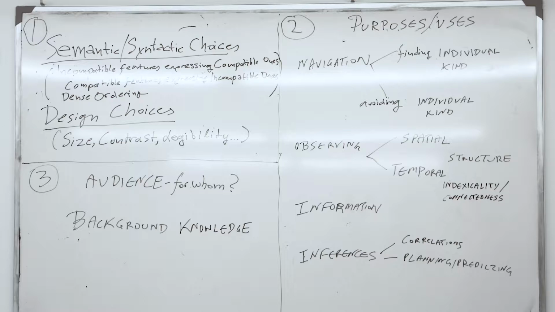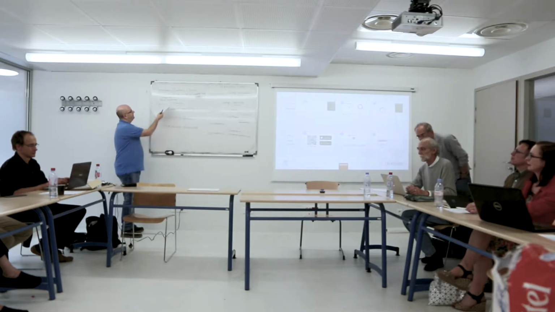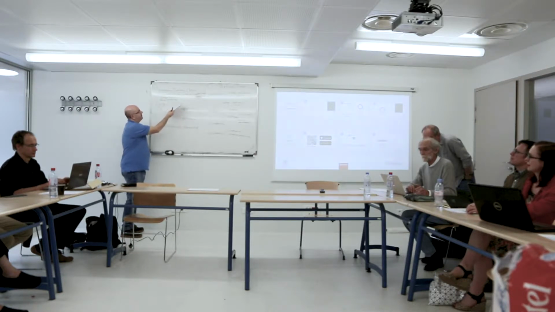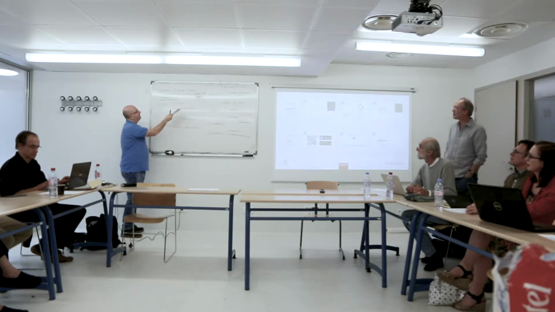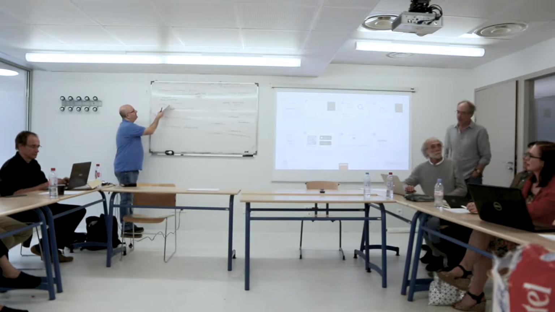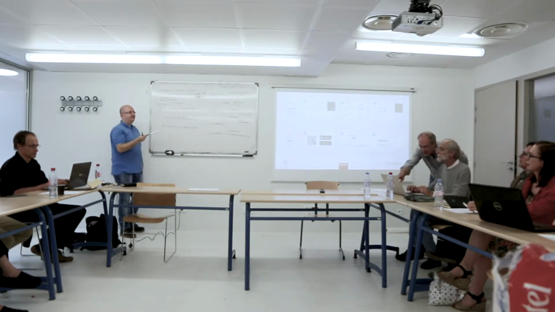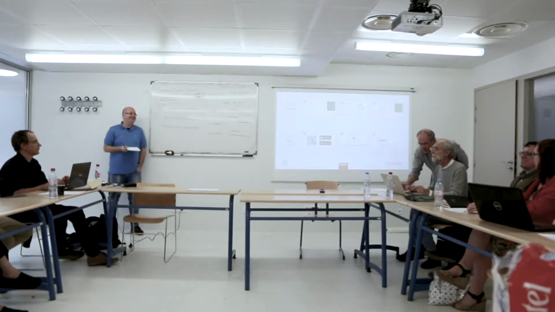When we make the semantic choice, there are 2 ways that a map can fail. There are incompatible features expressing compatible features, or compatible features expressing incompatible ones. And there is another factor that we call dense ordering, and that John or Katerina is going to explain.